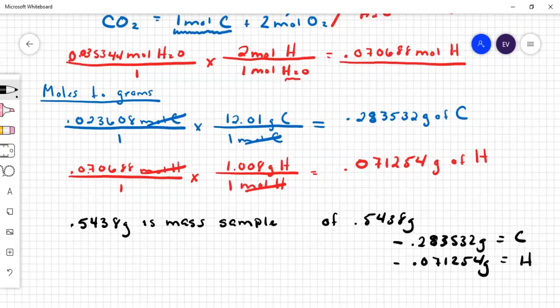So of the total mass of the sample, these are the amounts attributed to carbon and to hydrogen.